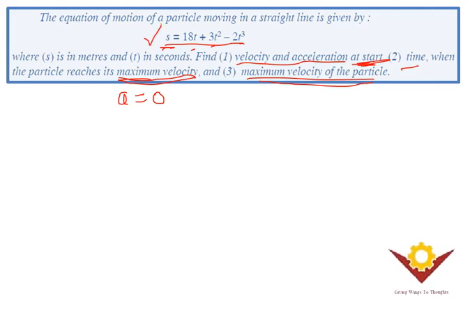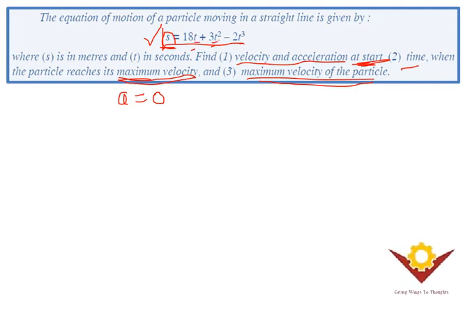To solve the problems which are under variable accelerations, we have two methods. One is the integration method and one is the differential method. Now we can differentiate this equation. If you differentiate this distance with respect to time, you get ds by dt.